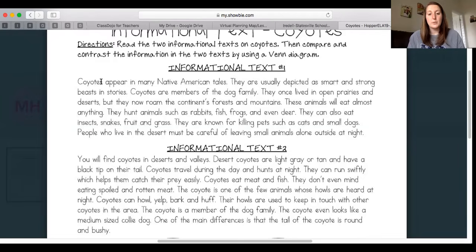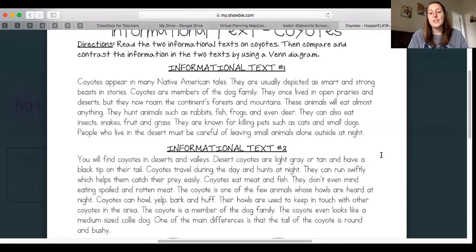They hunt animals such as rabbit, fish, frogs, and even deer. They can also eat insects, snakes, fruit, and grass. They are known for killing pets, such as cats and small dogs. People who live in the desert must be careful of leaving small animals alone outside at night.